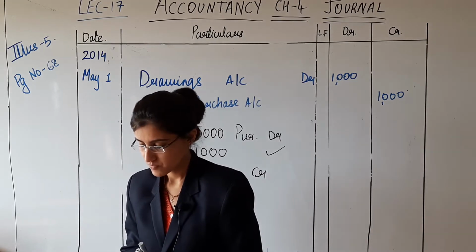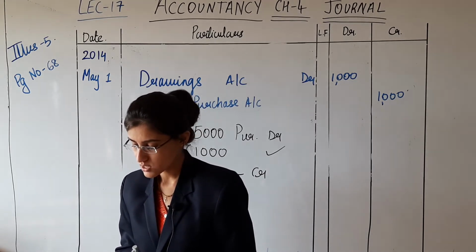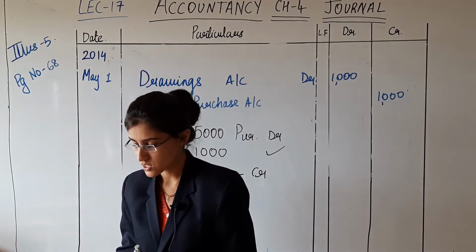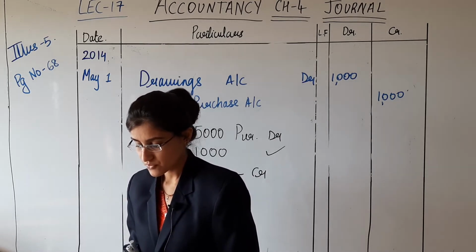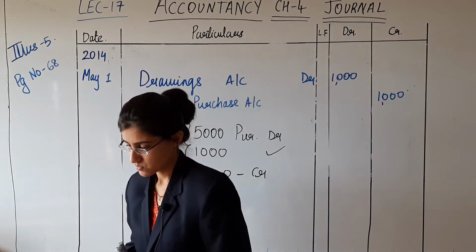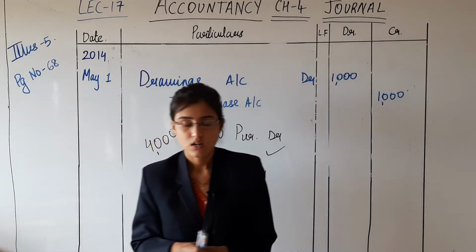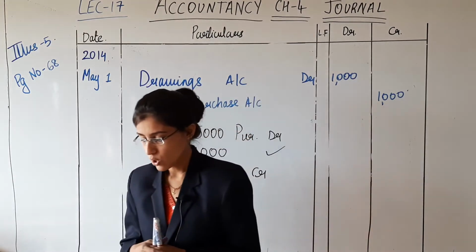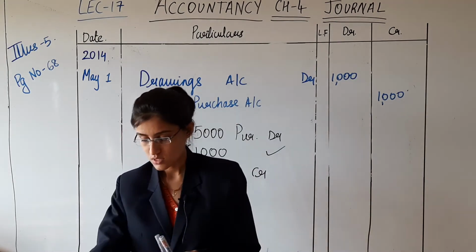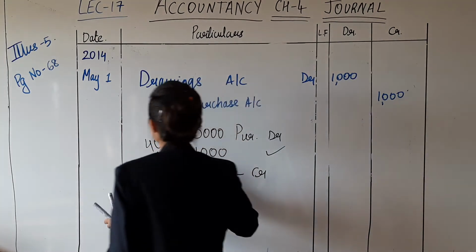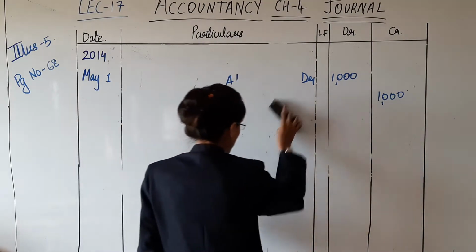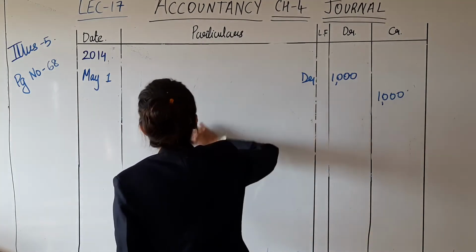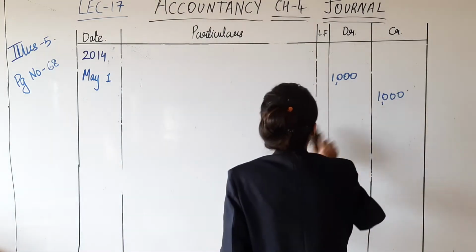15th of May, goods of rupees 4,000 is destroyed due to sinking of steamer, for which the insurance company has admitted claim of 50% amount. Now, the total loss is of 4,000 and the insurance company has accepted claim only of 50%. That means the company is going to pay only 2,000 out of 4,000.